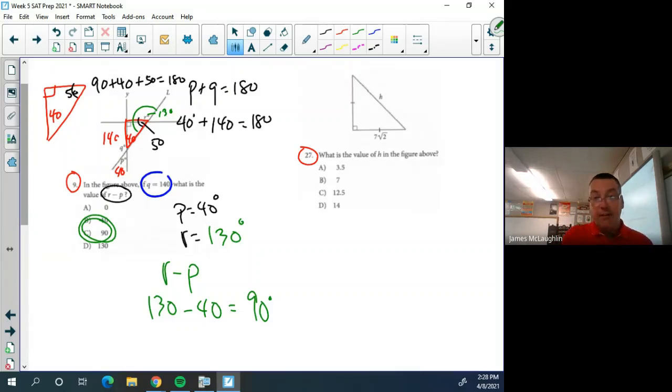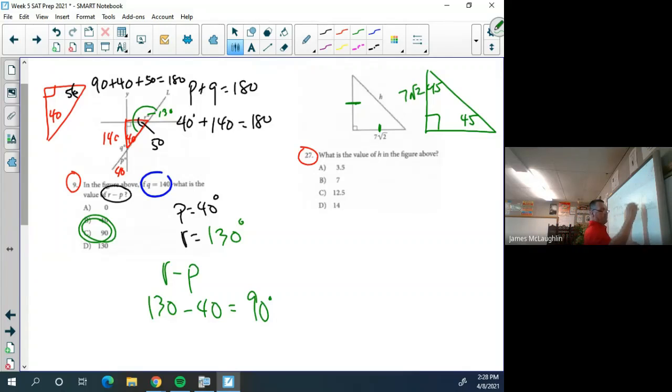Question 27. Right triangle, even more important, isosceles right triangle. If you remember our rule about isosceles right triangles, this guy here, by definition, is going to be 45, 45, 90. Put those little slash marks in there. That means those guys are equal to each other.